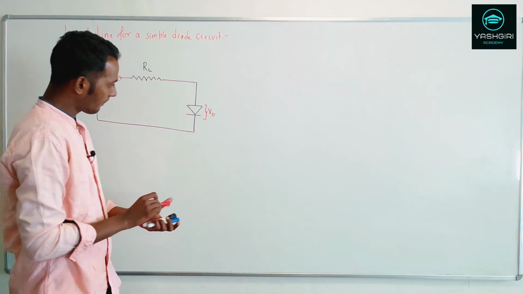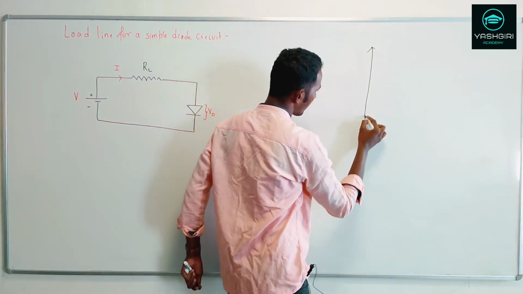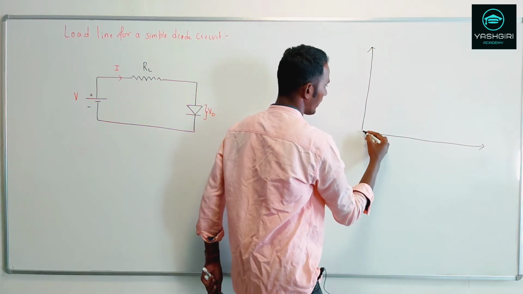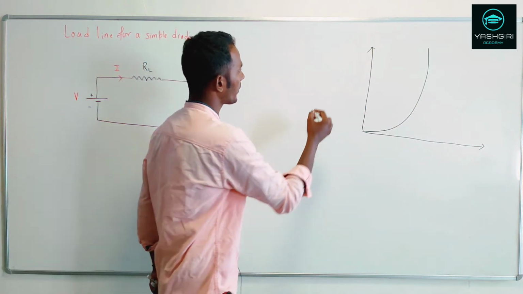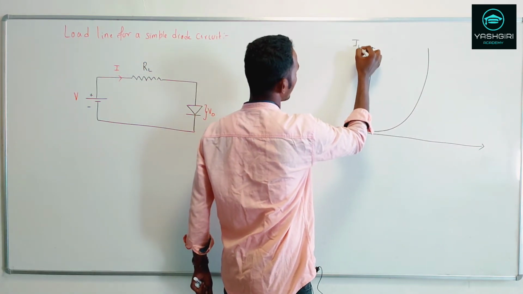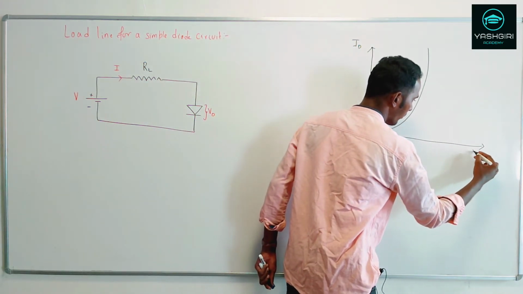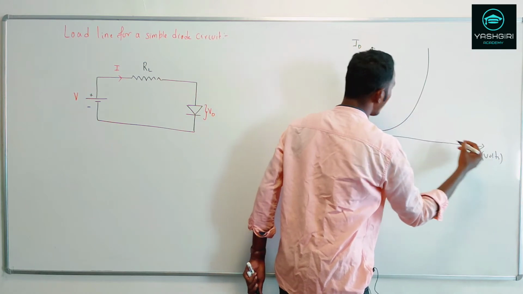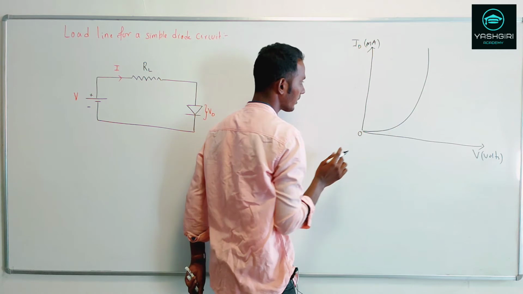Now let me plot a graph of the IV characteristics for a diode in forward bias. It's an exponentially increasing graph. Here I have the current flowing in this circuit, in milliamps, plus we have V in volts, and this is my origin.